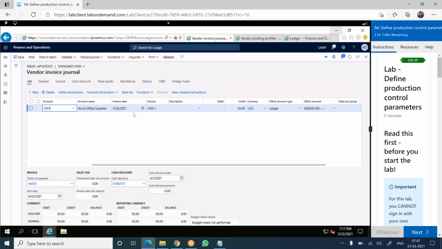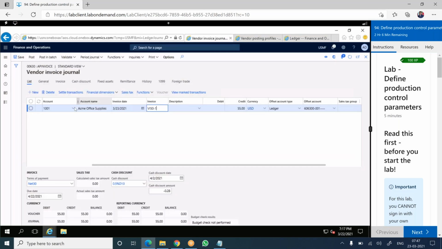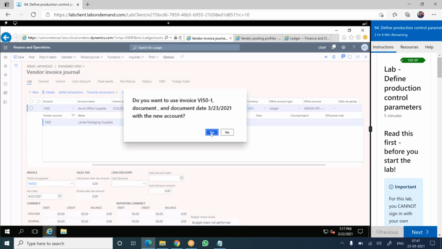So can we use the same invoice number for a different account? Yes. You have used 1001. Yes, we can, for 1002 we can use it. Suppose I am doing this for 1002, because the 1002 vendor has sent me this invoice number.